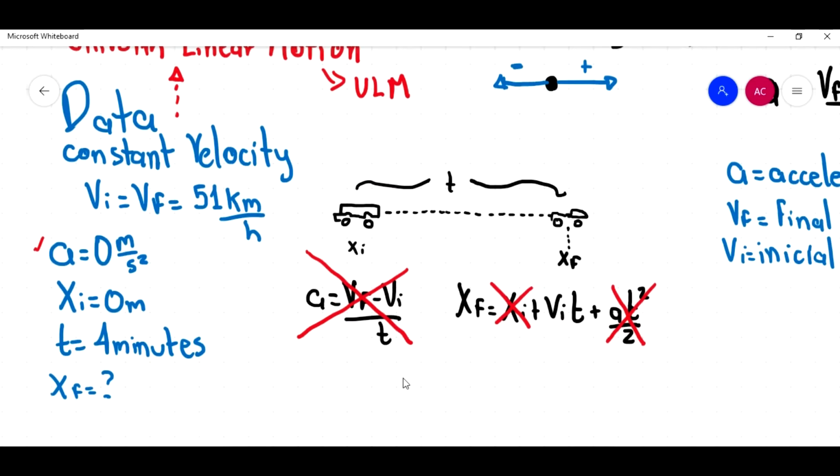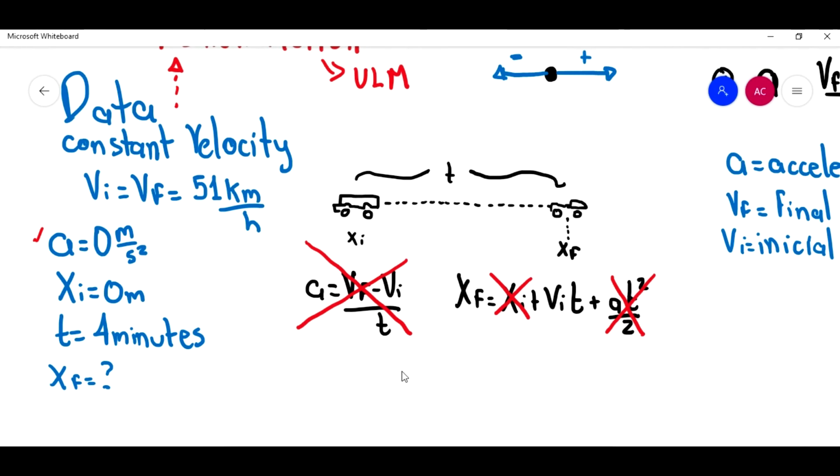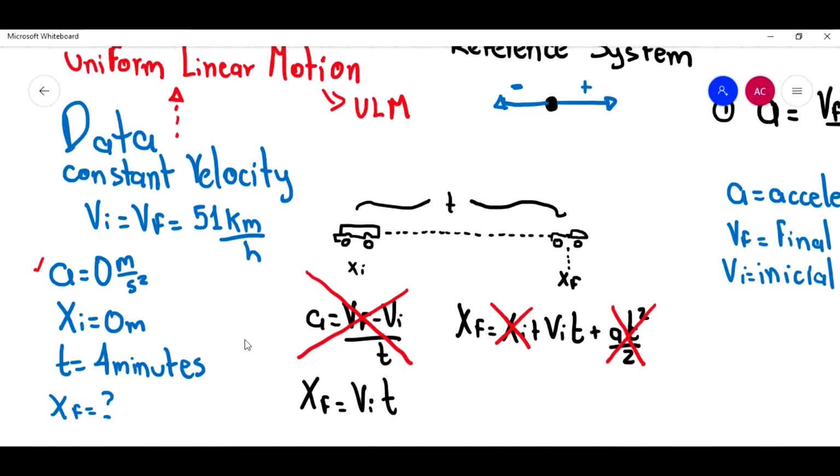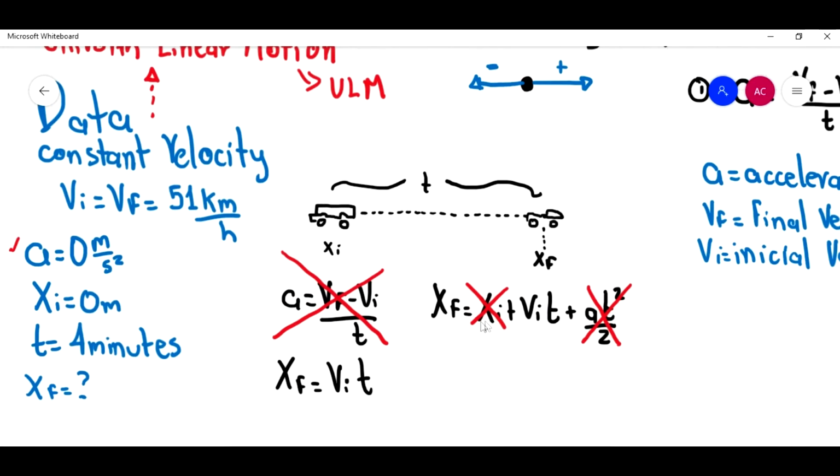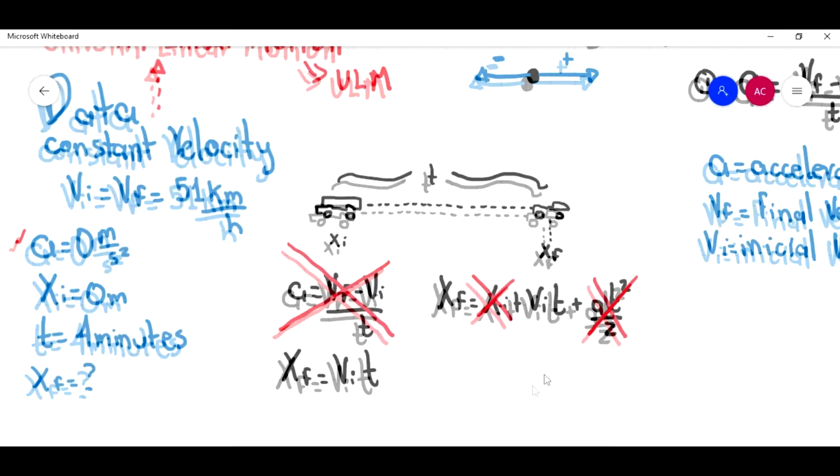Okay, so if you see, the only equation that I got left is final position equals initial velocity multiplied by time. You can look for this equation. This is the equation when we have uniform linear motion. But if you see, we got this equation from these two original equations.